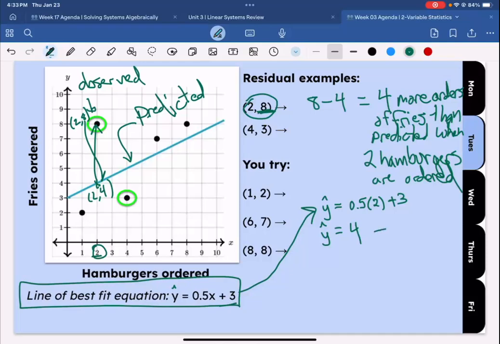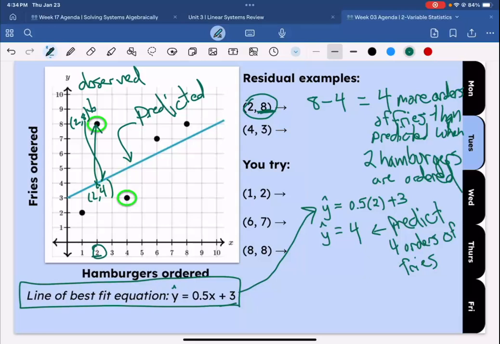So we would predict 4 orders of fries. And we know we actually had 8, so that's why we have a residual of positive 4. So all of these will work the same way. I'll do one more, and then we can talk about where we're going to go from here.